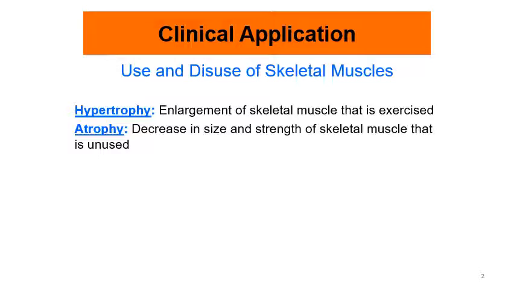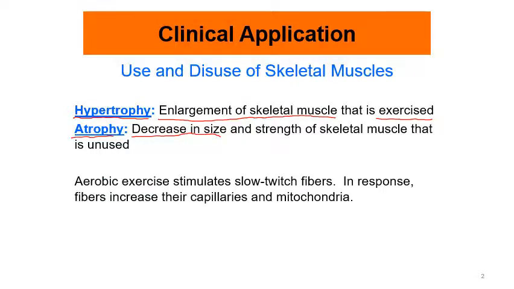Hypertrophy means the enlargement of the skeletal muscle after exercising and training, and atrophy means a decrease in size. If you don't use your muscles, then your muscles are going to be weaker and smaller as a result. Aerobic exercise excites the slow twitch fibers in our muscles. If you do more training, more of this aerobic exercise, like running or speed walking, this will increase capillaries, meaning those blood vessels.